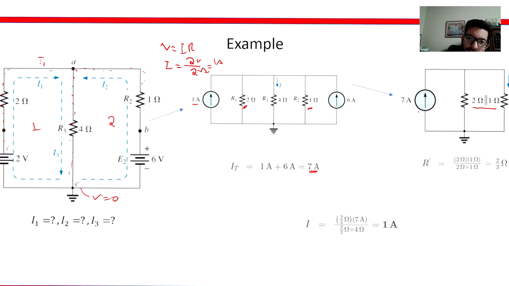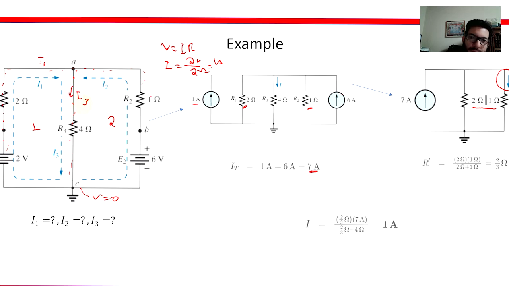So say it again, the current I, and which one is that? It's the one going through this 4 ohm resistor. In other words, it's current I3. If you remember, this was I3 right here.